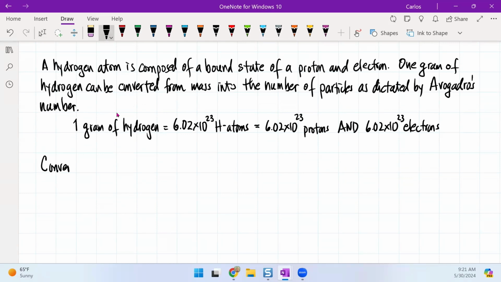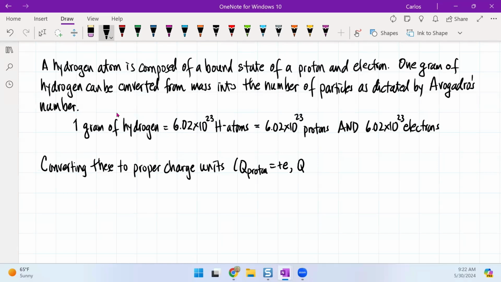Converting these to proper charge units. What I mean by charge units here is that we know that the charge of a proton is plus e, whereas the charge of an electron is equal to minus e.